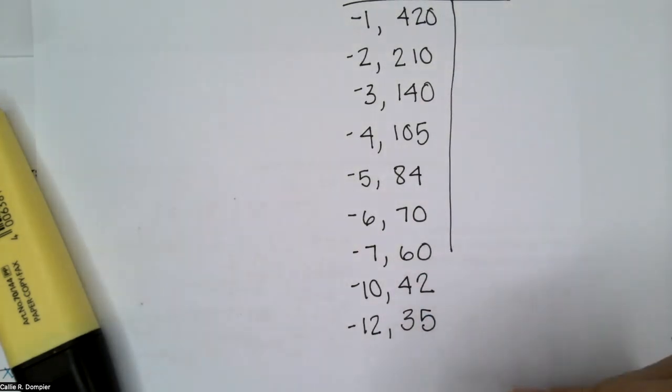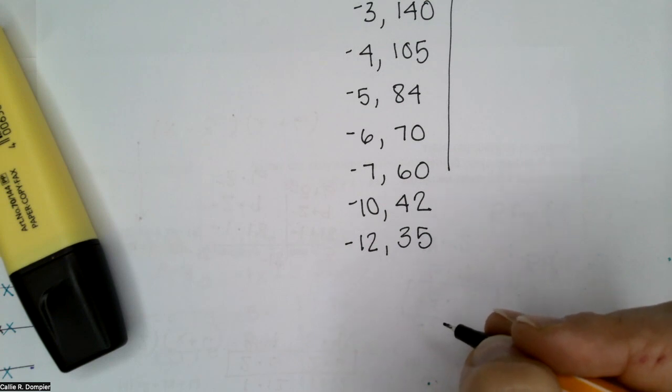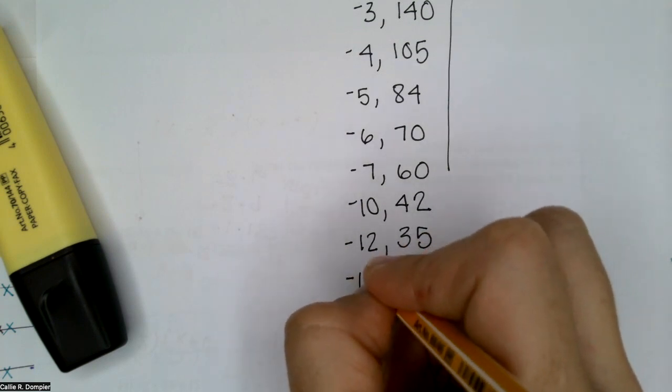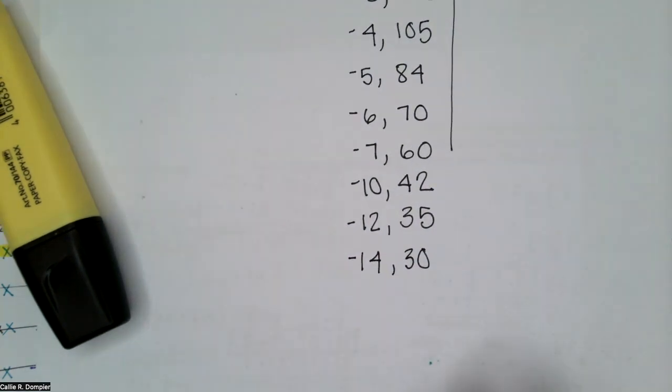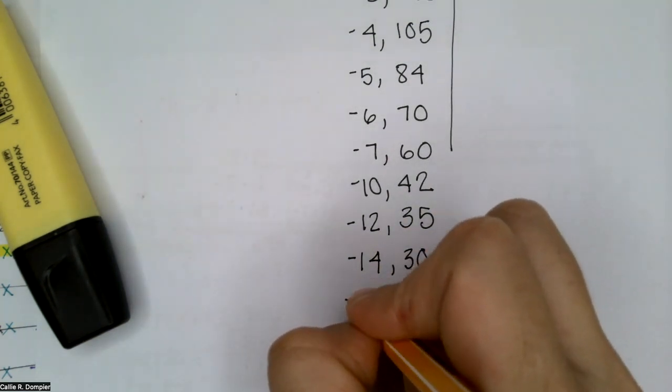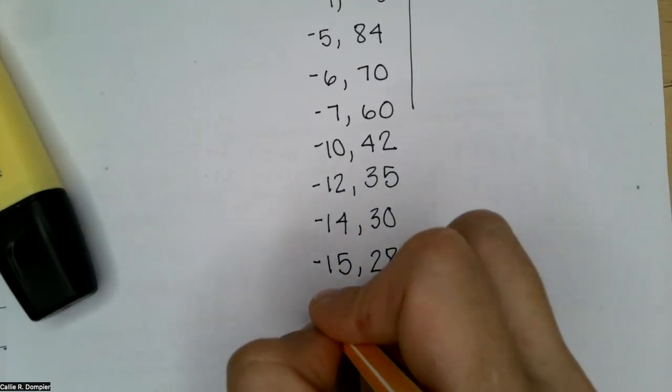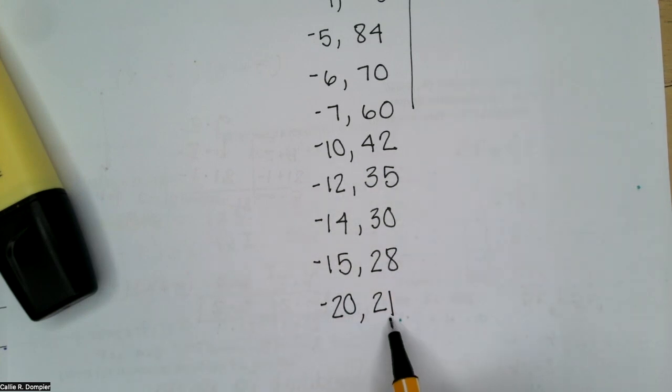And remember, we want it to add to 1, so none of these work yet. 420 divided by 13, nope. 420 divided by 14 is 30. 15. 420 divided by 16, nope. 17, nope. 18, nope. 19, no. 420 divided by 20 is 21. Yay! And negative 20 plus 21 is going to give me that positive 1.